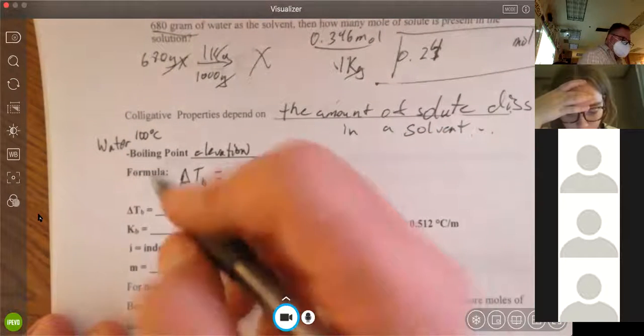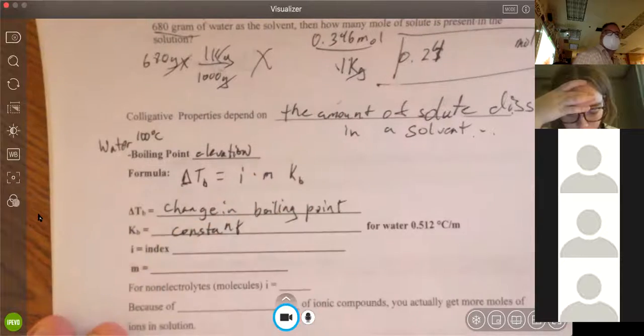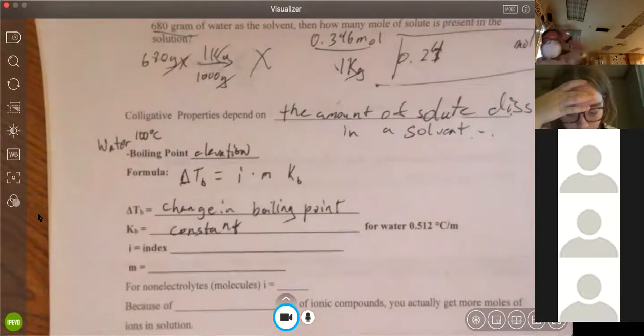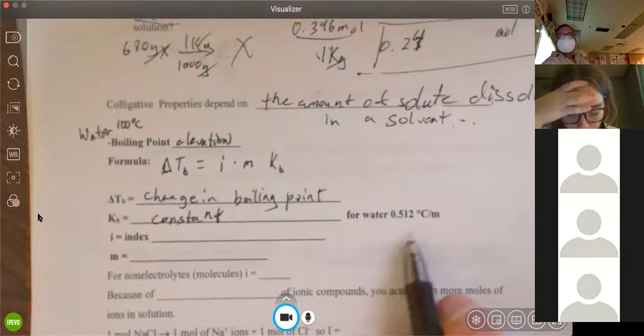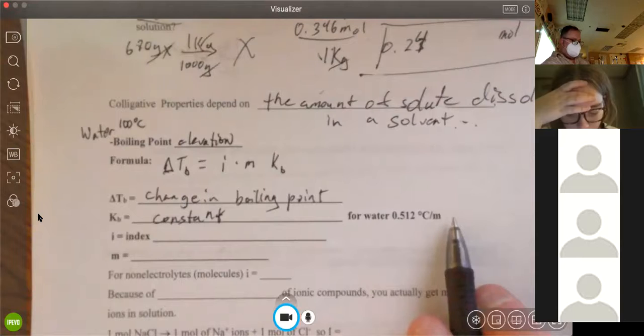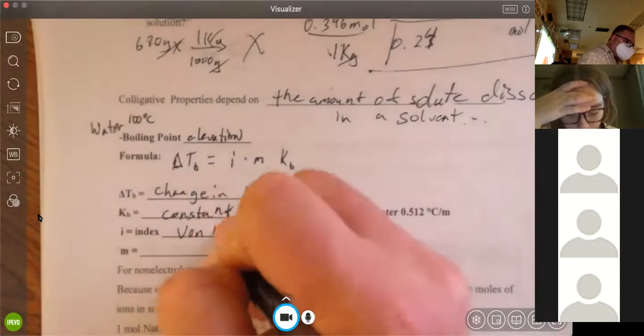K always means constant. So K is constant. For water, K_b equals 0.512 degrees Celsius per molality. i is the index, also known as the van't Hoff factor.